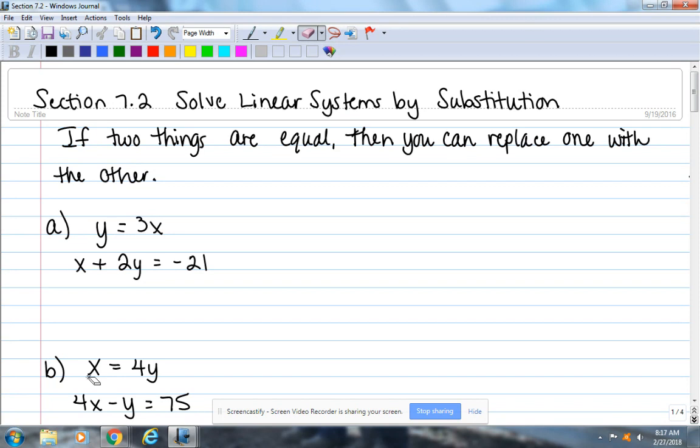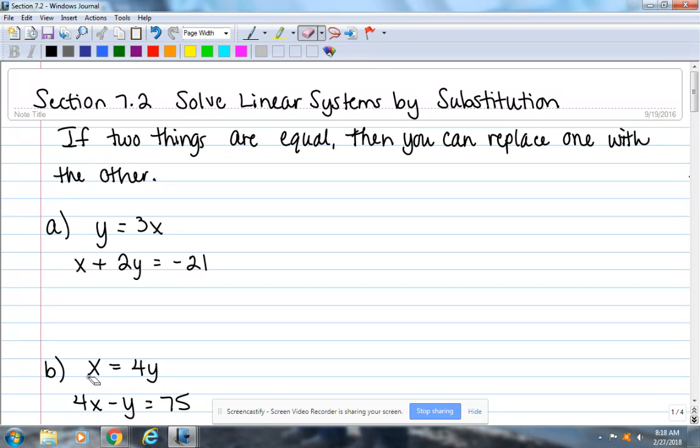So if they're equal, we can replace one with the other, okay? So, the substitution method. Anything in math, if we know something equals something, we can replace one with the other. That's the concept that you will do all throughout math. So this is a system of equations. One equation says y equals 3x, and the second one says x plus 2y equals negative 21. Now, we don't know a simple number that x equals, but we know something in terms of y or x. Like, for example, here, we know that y equals what? 3x.